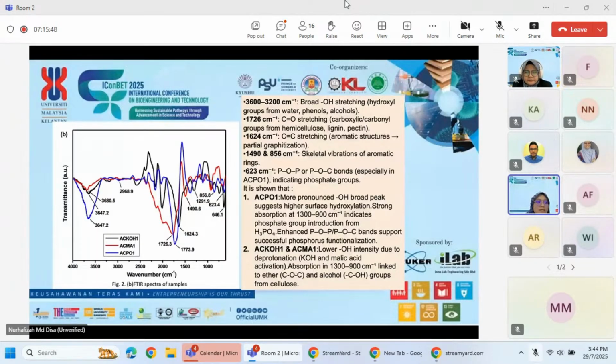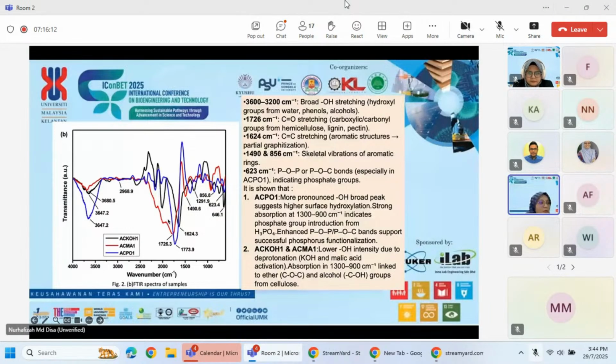This is typically from the coconut material itself, and the peak at 1,700 corresponds to the C=O in hemicellulose, lignin, and pectin. The presence of OH and carbonyl C=O suggests enhanced hydrophilicity and polar pollutant adsorption.